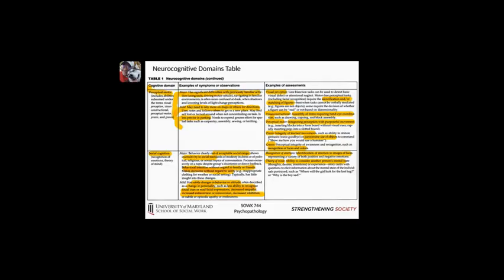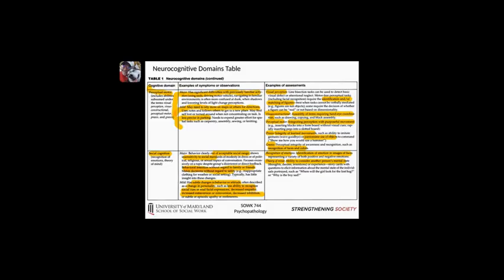These are all examples of praxis, and one of the things used as a test of how well this particular aspect of cognition is working is to simply ask someone to show you, well, how would you use that? How would you, to use their words, pantomime? So the art of pantomime is really the best way to demonstrate that cognitive ability.